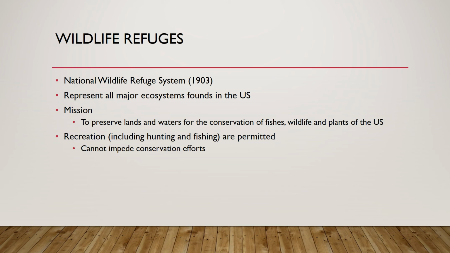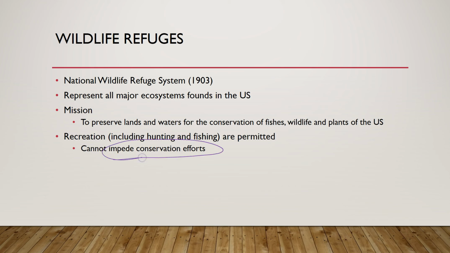So in most national parks, sometimes fishing's allowed, but often not hunting, okay? And wildlife refuges could have some resource extraction. So it's not necessarily illegal to drill for oil and natural gas on wildlife refuges, as long as it doesn't impede the conservation efforts.